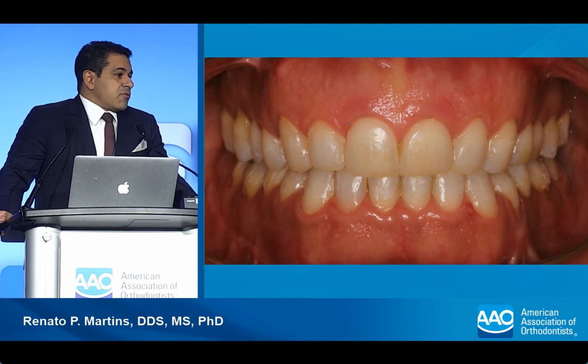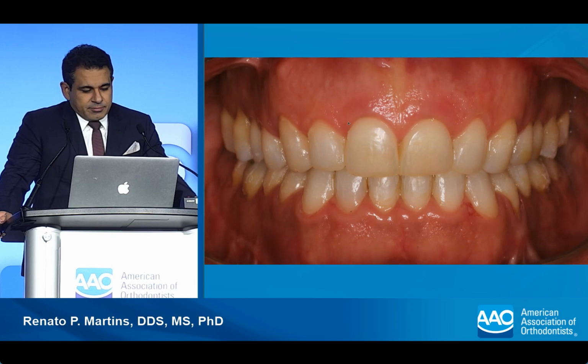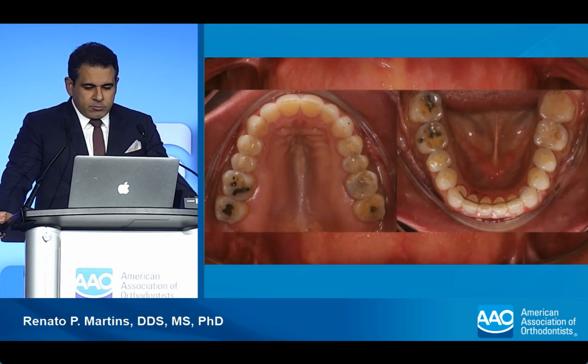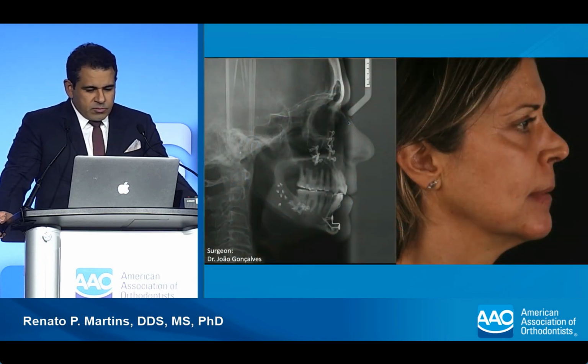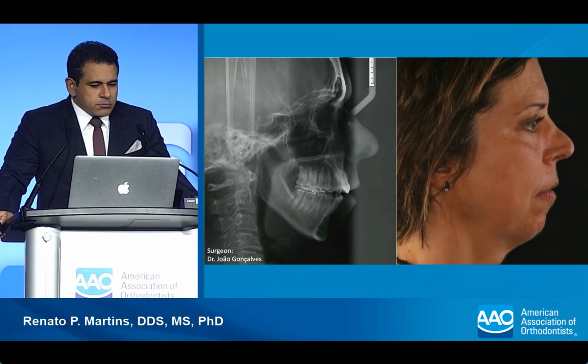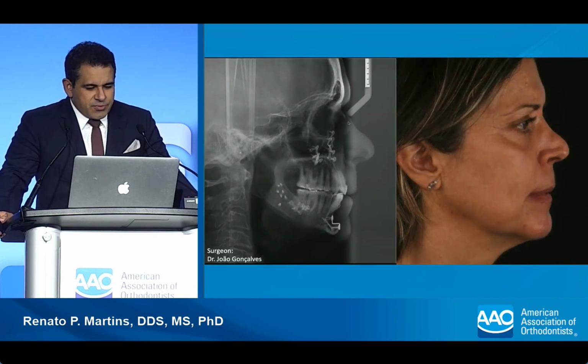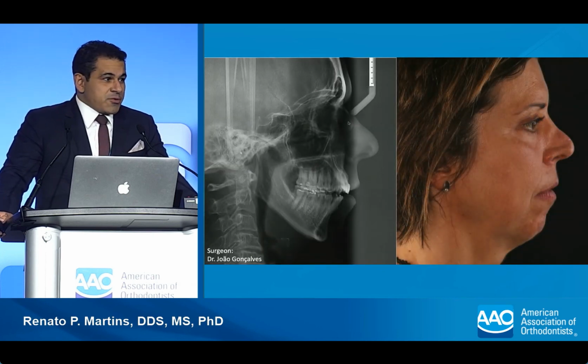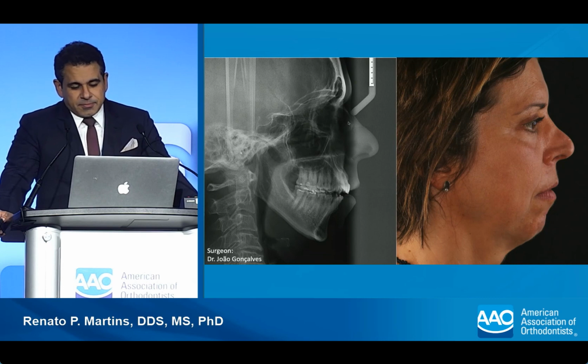And of course, I extruded the lateral using bends. So pretty good result. It's her before and after, 11 months of treatment. But I could only bring the lateral down with fixed appliances.